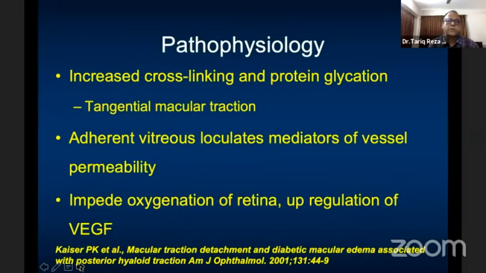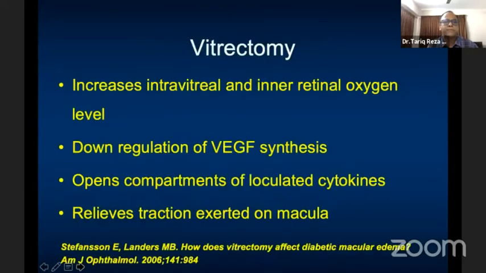Increased cross-linking and protein glycation cause tangential macular traction, and adherent vitreous can locate the mediators of vascular permeability, which can impede oxygenation of the retina, upregulating vascular endothelial growth factor and thereby vascular permeability.